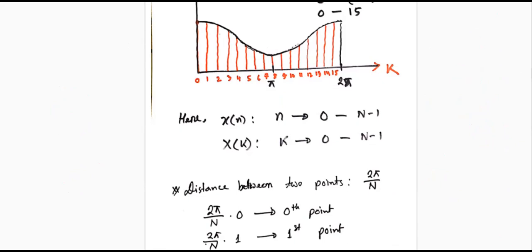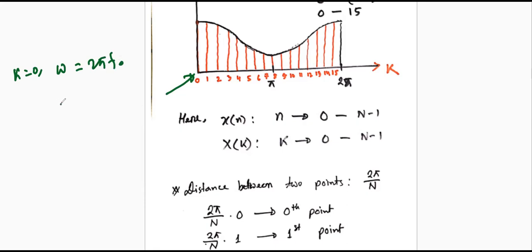I have mentioned again that at k equals 0, what is the value of omega? This is twice pi small f. This is 0, of course, the zeroth value.